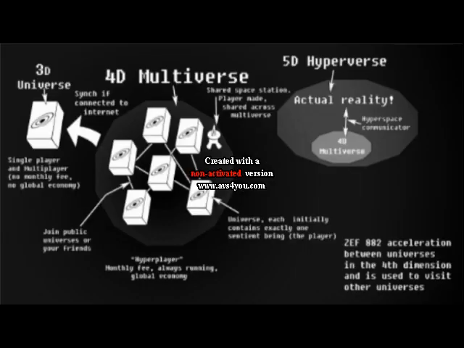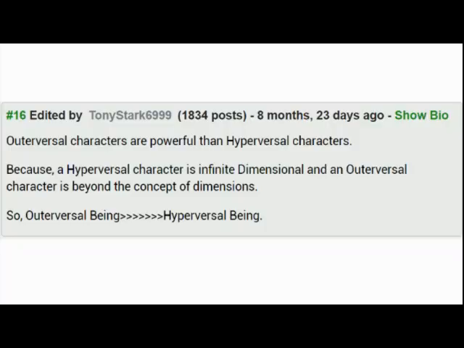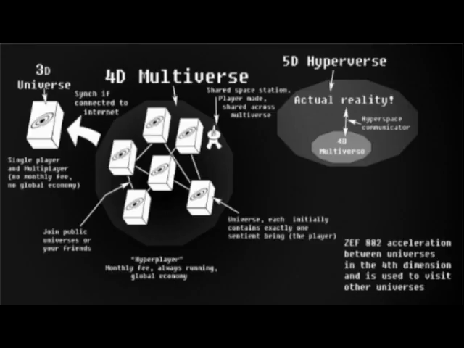Now, I've looked up the meaning of hyperversal, and I got, as you can see, two sort of answers. This one was from Xenoverse, and the hyperverse in Xenoverse, no pun intended, was, you could say, the 3D universe, and then the fourth dimensional universe, and then the 4D multiverse.